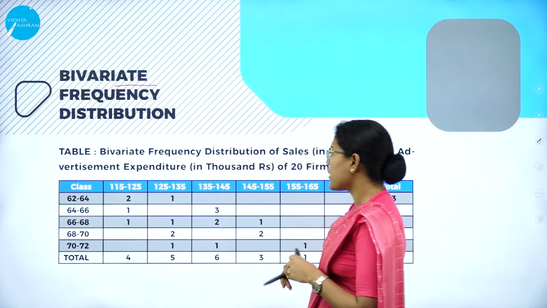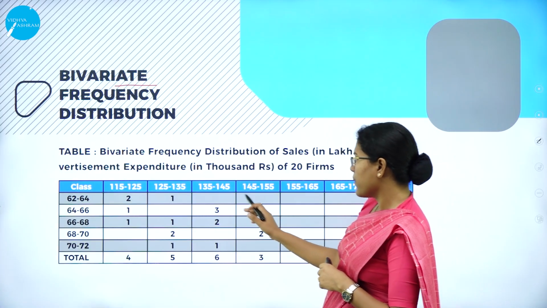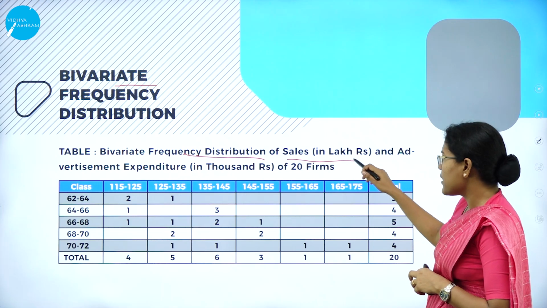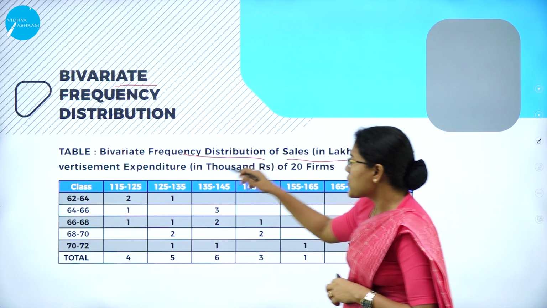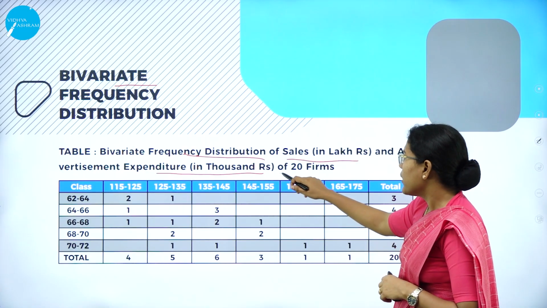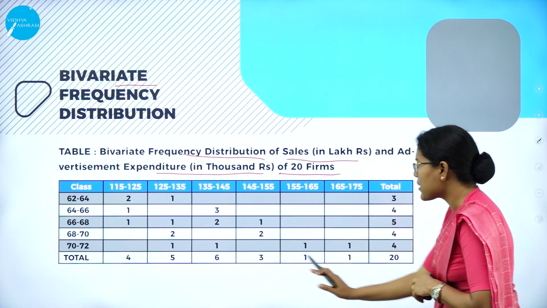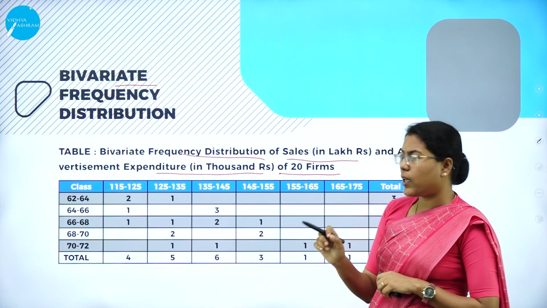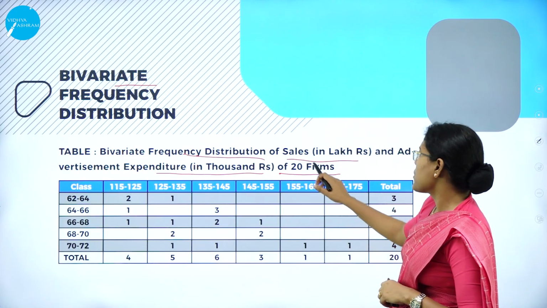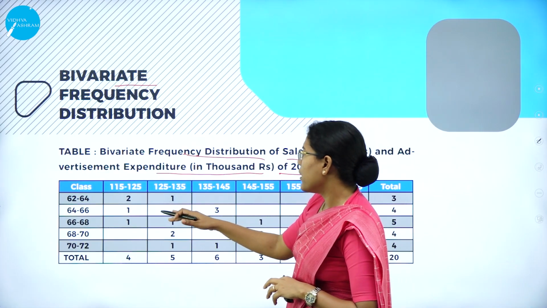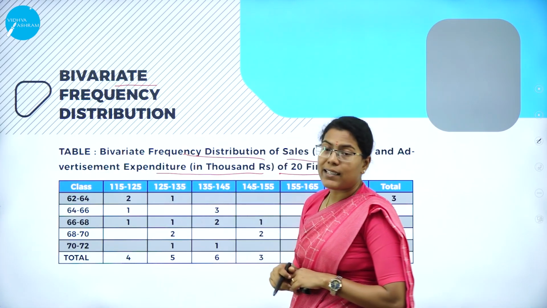For example, this table shows the bivariate frequency distribution of sales, in lakhs, and advertisement expenditure, in thousands, of 20 firms. So this information is regarding 20 firms, showing the sales in lakhs on one side and the advertisement expenditure on the other.